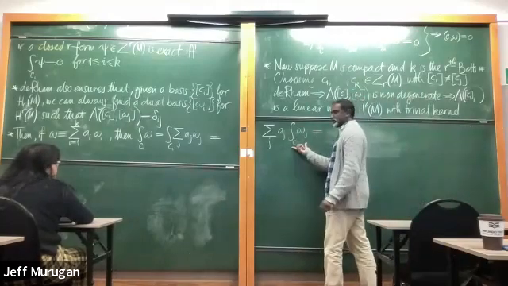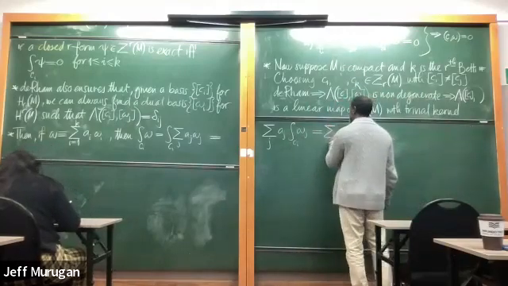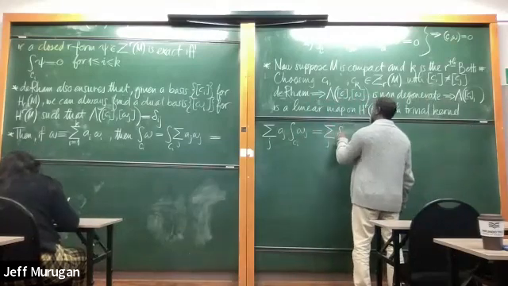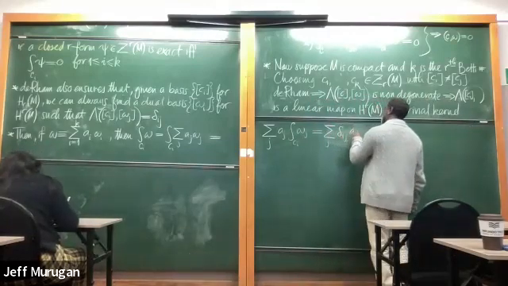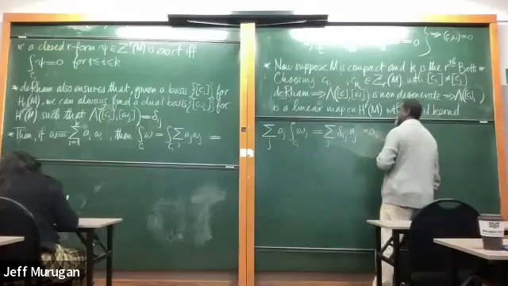This is just delta_ij. This is the sum over j of delta_ij a_j, which is just a_i.